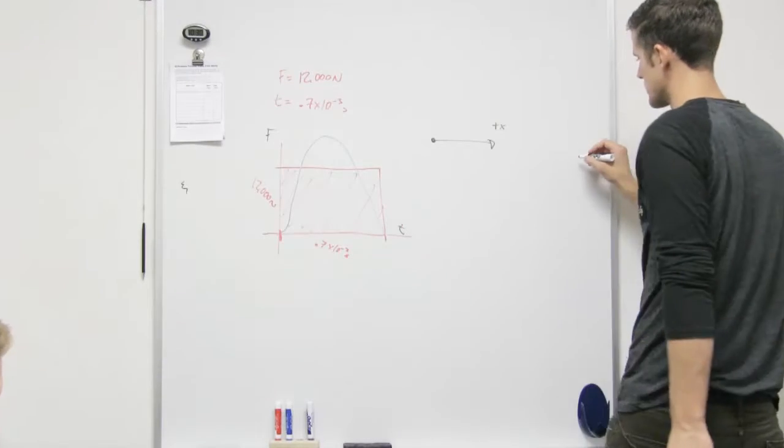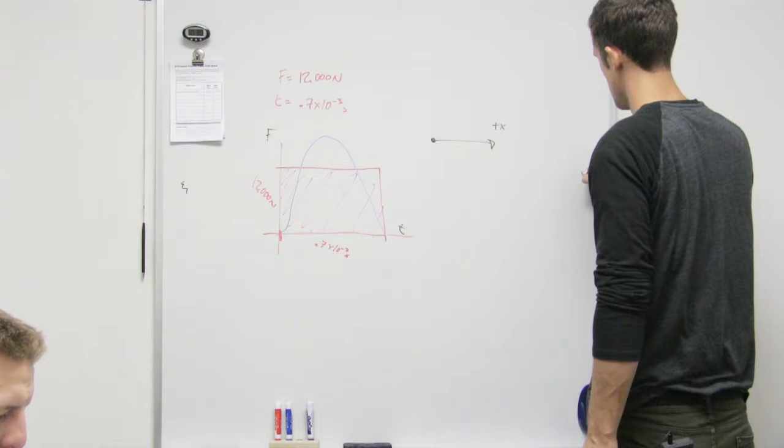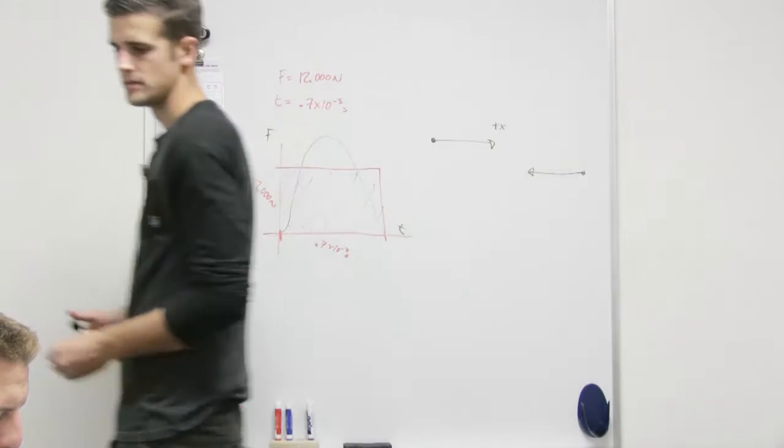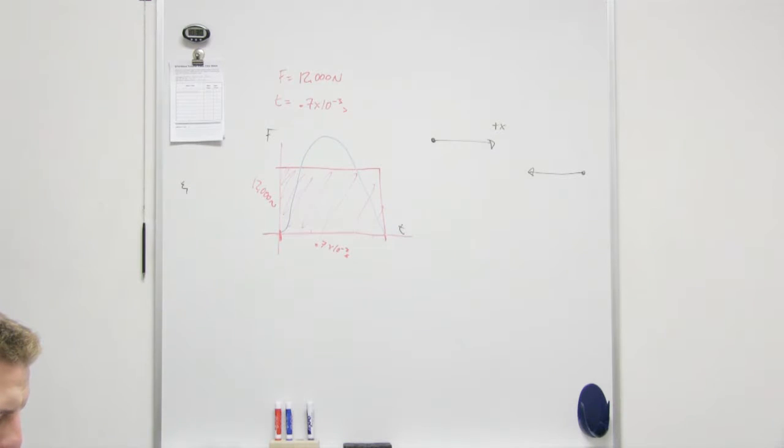The impulse happens here, and he hits it back this direction. So it would be negative. The impulse on the ball would be in the negative X direction.